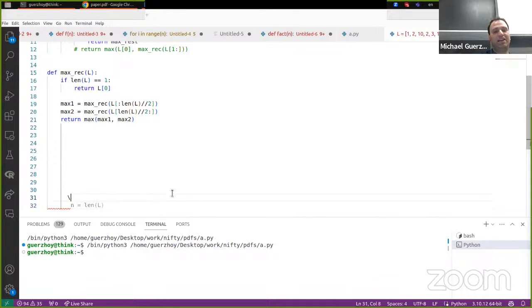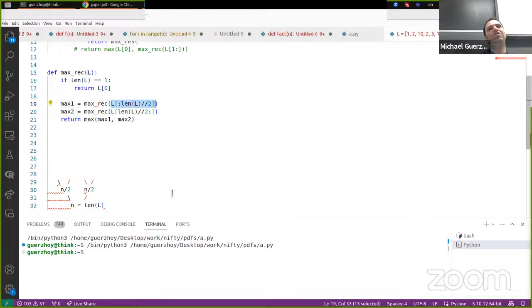I'll write it as n rather than length of L just because it's easier. And then the recursion tree, you're right, it looks the same. The next question is, does every call take the same amount of time? And the answer is, as it happens, no, but for a silly reason, right?